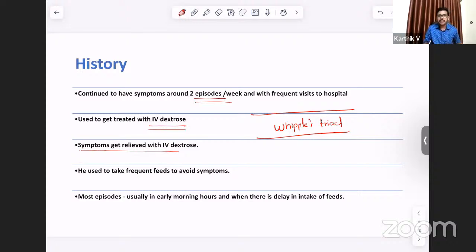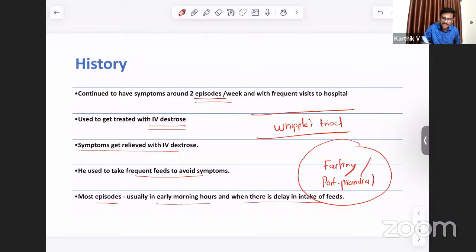So in order to avoid these symptoms, this man used to take frequent feeds because he was attributing everything to low blood glucose. Most episodes usually occur in early morning hours when there is a delay in intake of feeds. So when you suspect a hypoglycemic disorder, you want to get from the history whether the symptoms are predominantly fasting or postprandial. Why is it important?